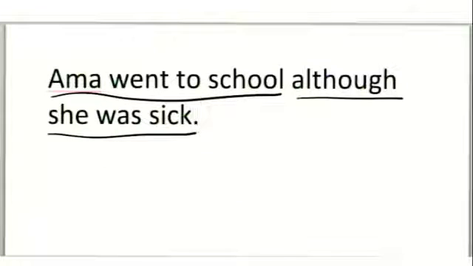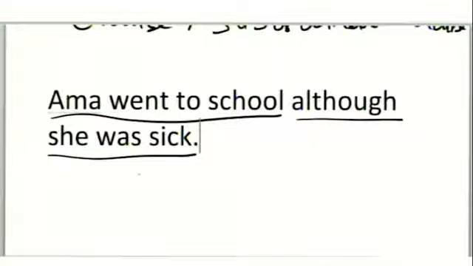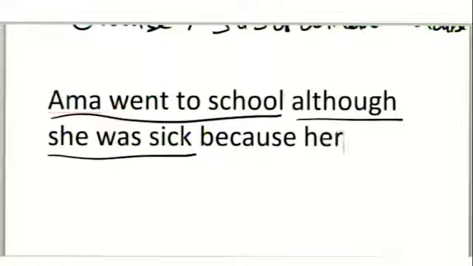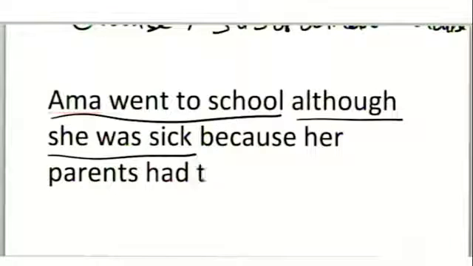In some complex sentences, you can have more than two subordinate clauses. So we can continue here and say, Amma went to school although she was sick because her parents had traveled.